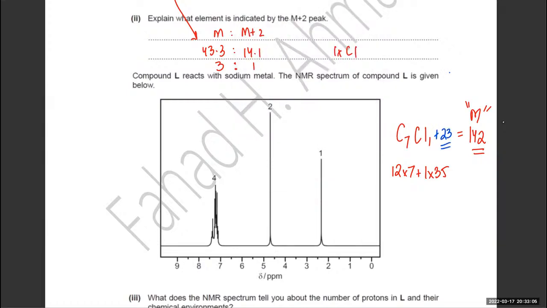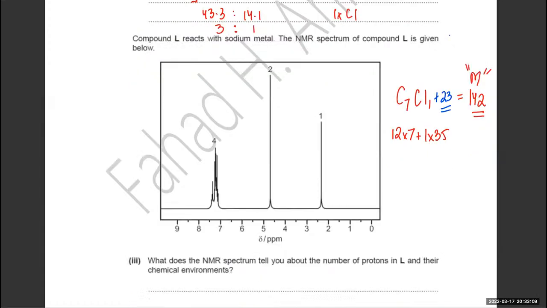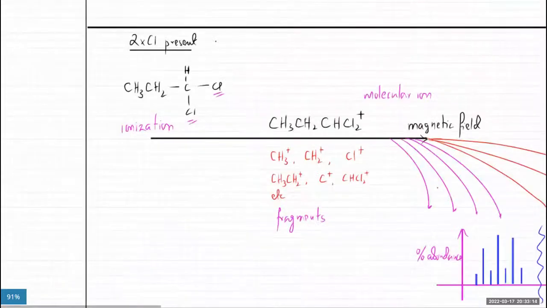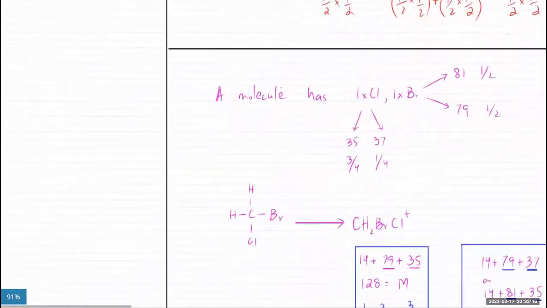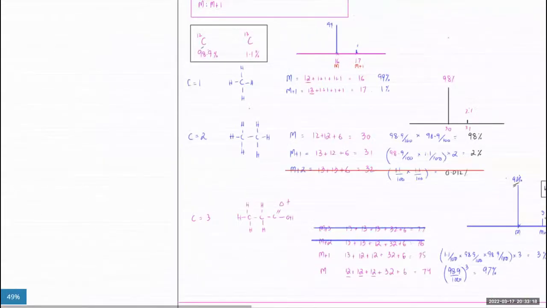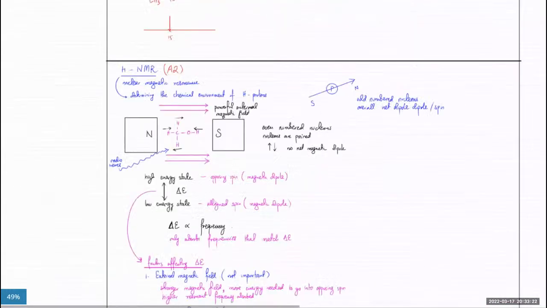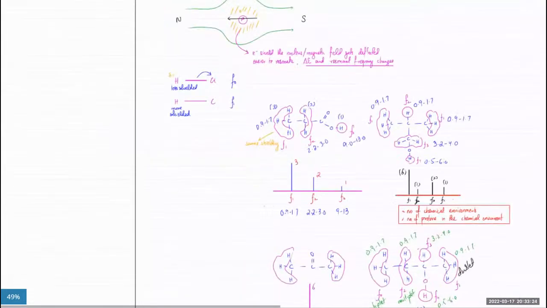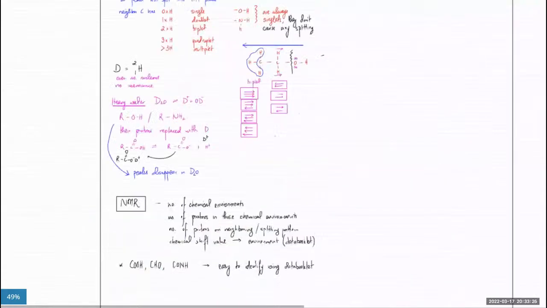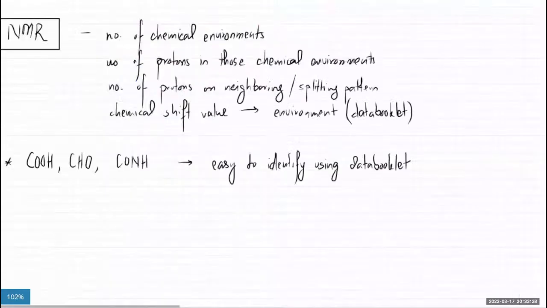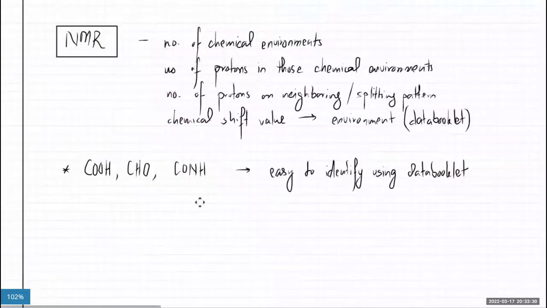Now the NMR spectrum is given. Remember, what information do you get from the NMR spectrum? It gives you the number of chemical environments.